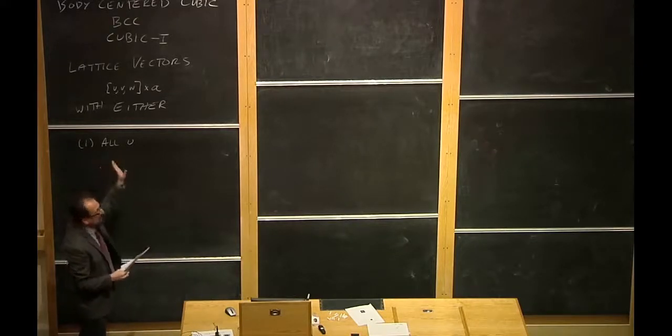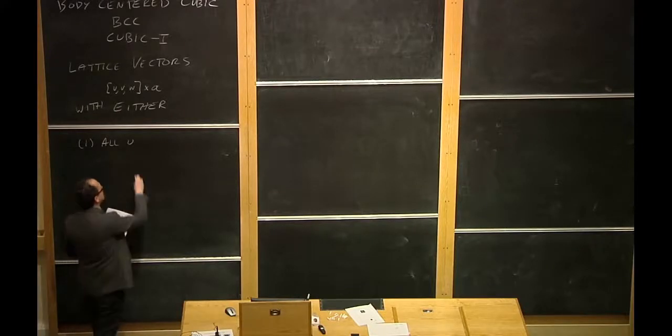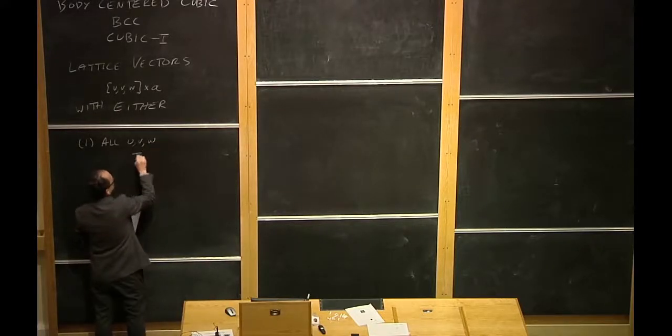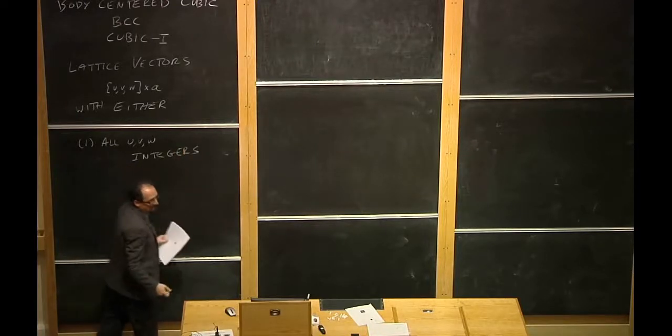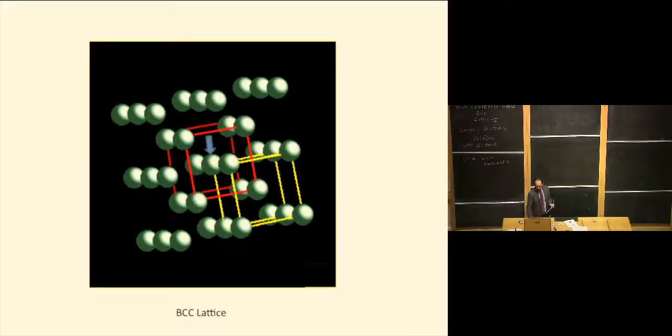So we're going to write down the lattice vectors as u, v, w times A with either all of the u, v, w integers, and the integer case corresponds to, well, if you look in the conventional unit cell, it's the corners of the unit cell. So this one has coordinate 1, 0, 0. This one has 1, 1, 0, and so forth and so on.